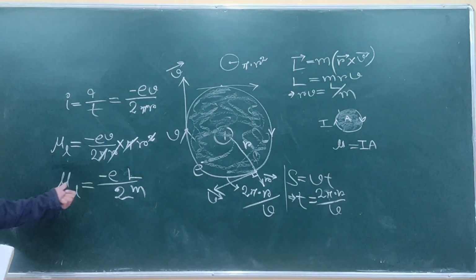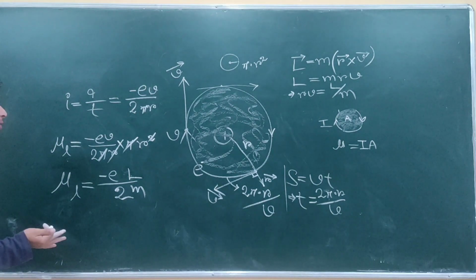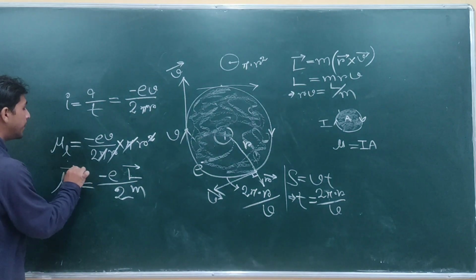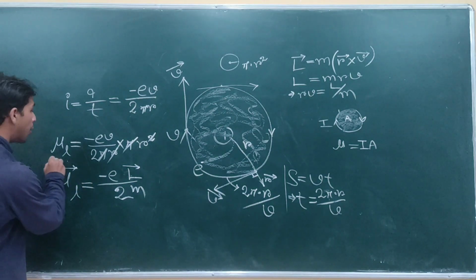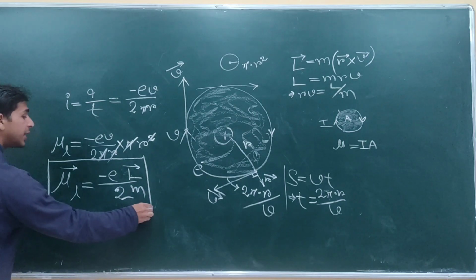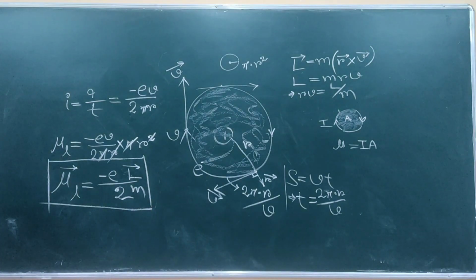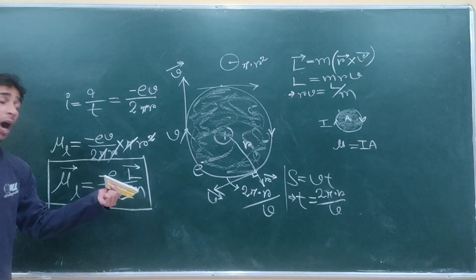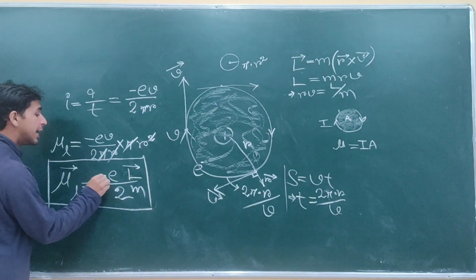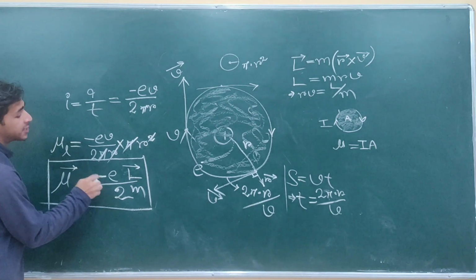And if you want to take this formula in vector form, you would put a vector sign on the L and mu L. From this formula, it's clear that the direction of the created magnetic dipole moment is opposite to that of the orbital angular momentum, because here a negative sign exists.